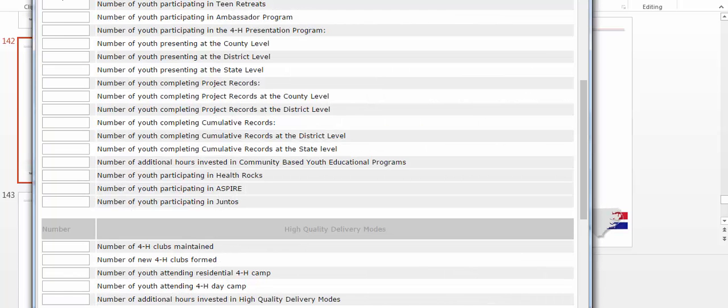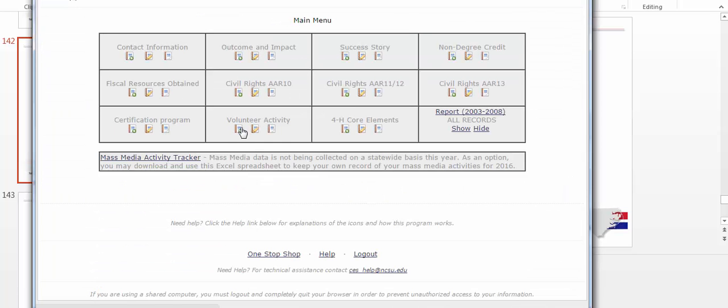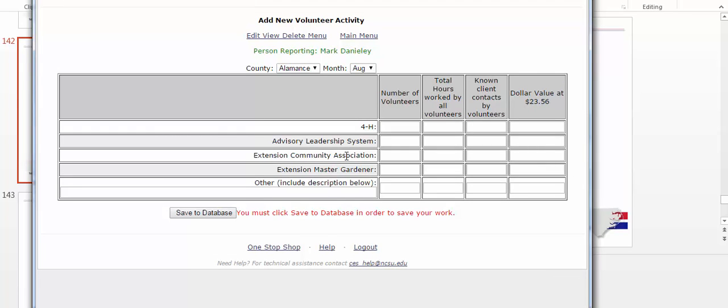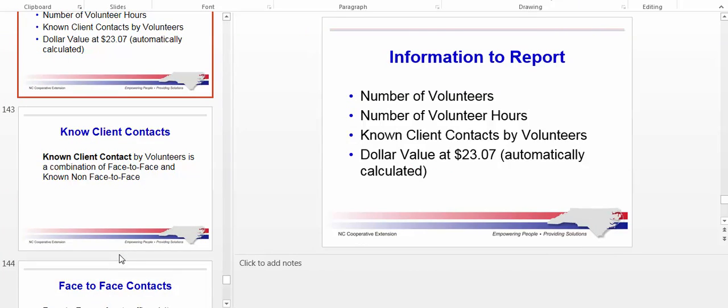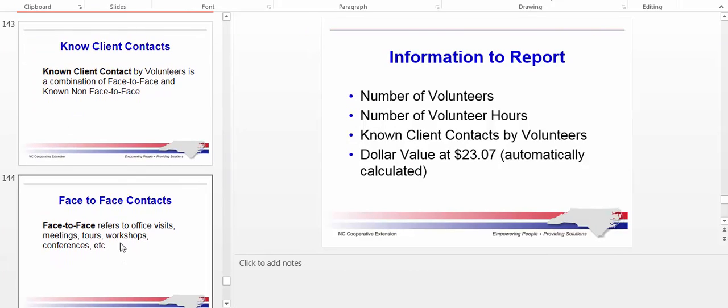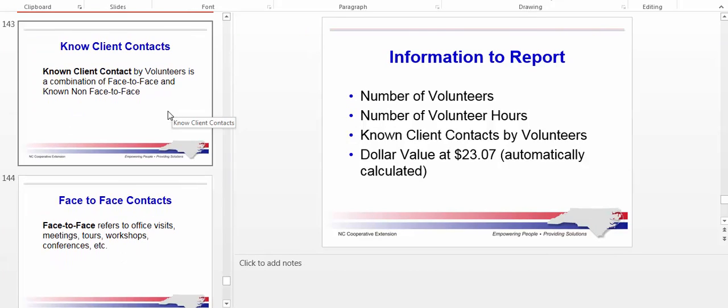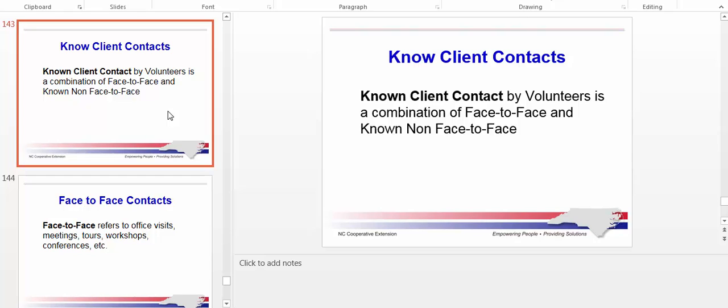So now it's $23.56. I'll have to change that slide. Known client contacts of volunteers, a combination of face-to-face and known non-face-to-face.